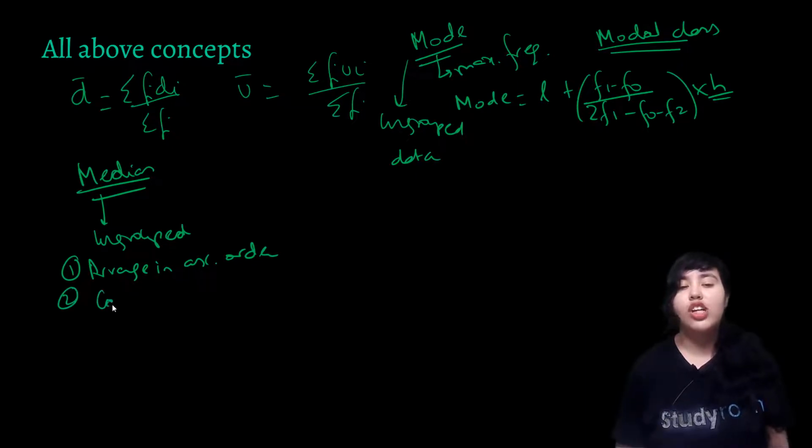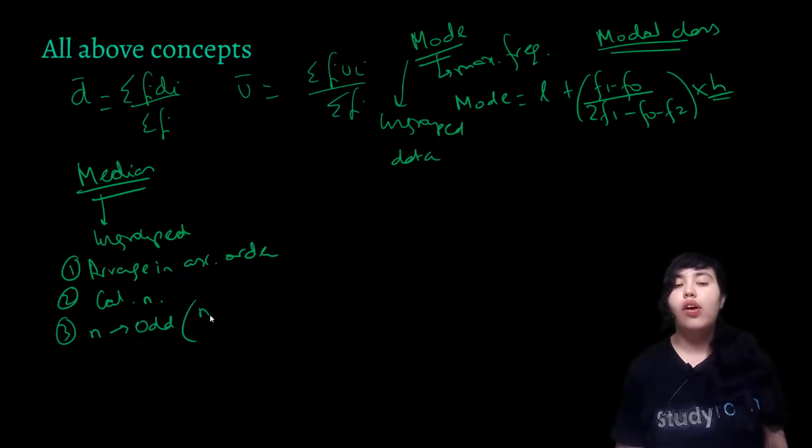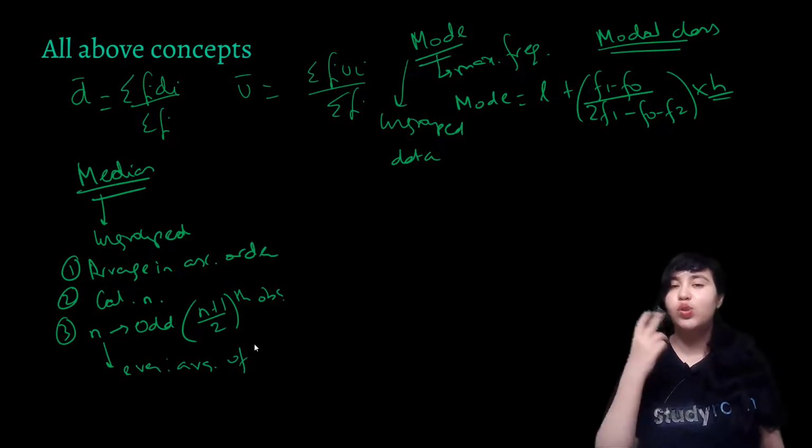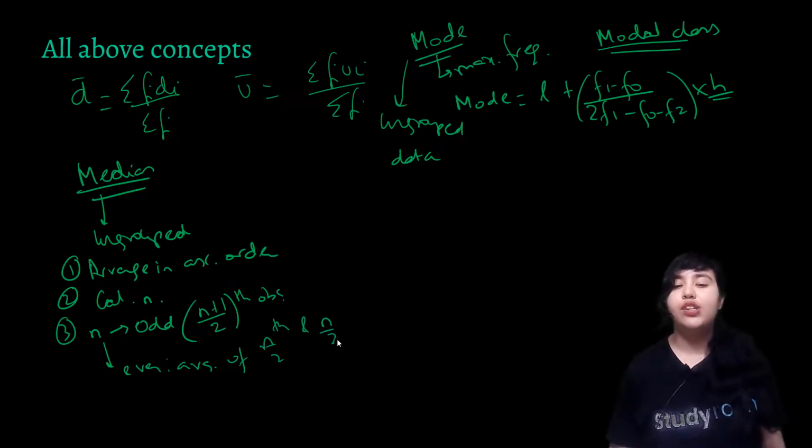Then you have to calculate n, that is the number of observations. Then if n is odd, you look for n plus 1 upon 2th observation. And what happens if n is even? You take the average of two observations. Those two middle observations are n by 2th and n by 2 plus 1th observation. Very good.